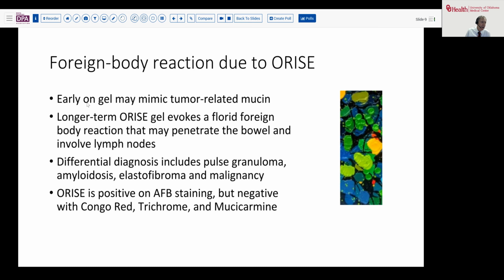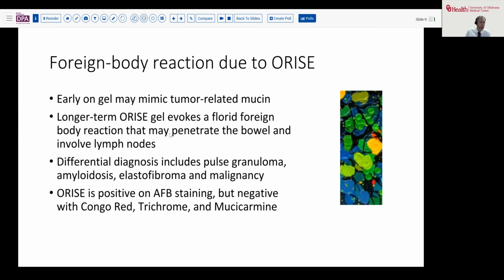Early on, in an immediate post-operative setting, this gel may mimic mucin. It has sort of a bluish amorphous pink color to it, but it does not stain with mucin. Longer term, however, the situation where our patient comes in, the ORISE gel evokes a very florid foreign body reaction that can penetrate the bowel wall, as we've seen, and even involve lymph nodes.